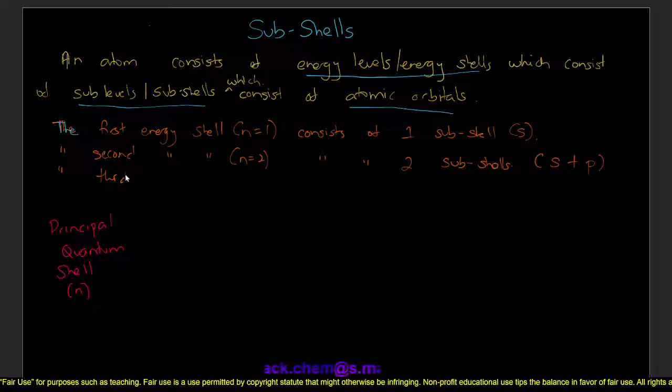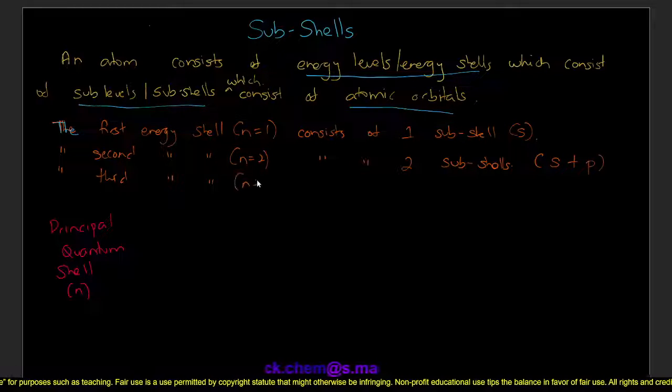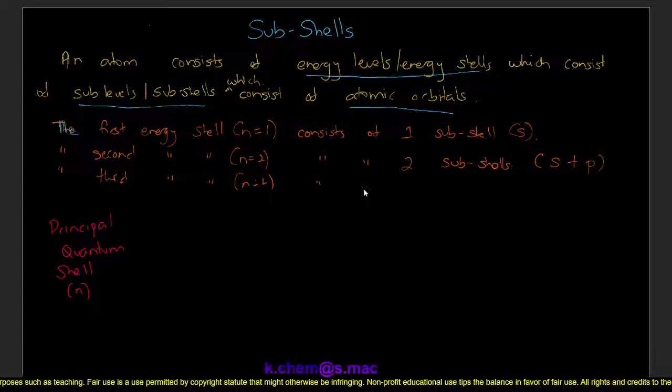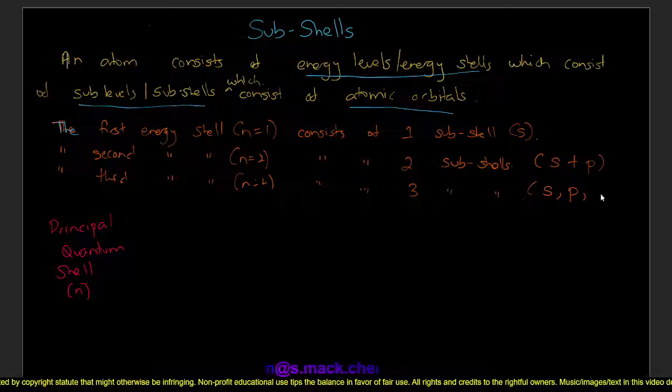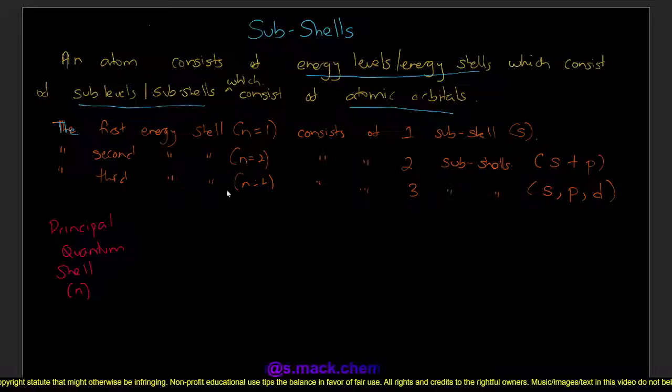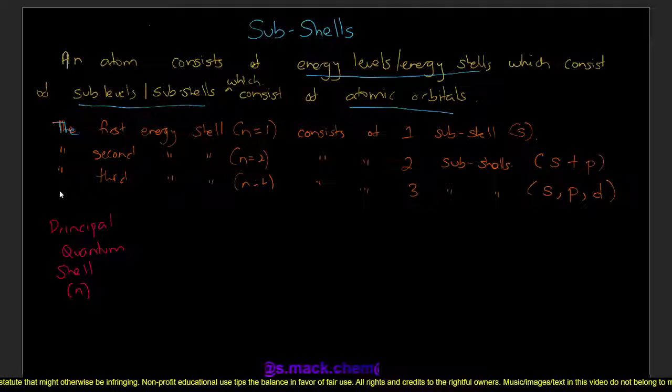The third energy shell, which is n is equal to 3, would consist of three subshells. And if you guessed it, it must contain a subshell called an S subshell. It will contain one called a P subshell, and the other is called D. And I'll inform you about the fourth energy shell, even though it may be a little outside of our scope.